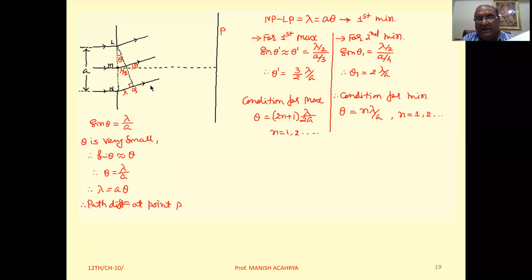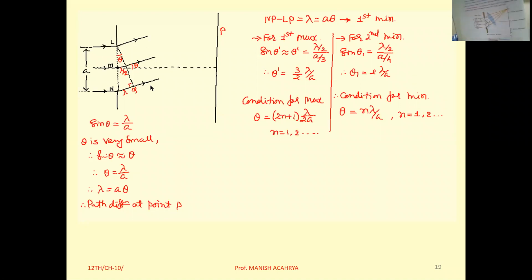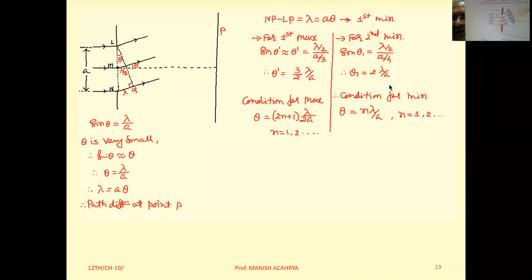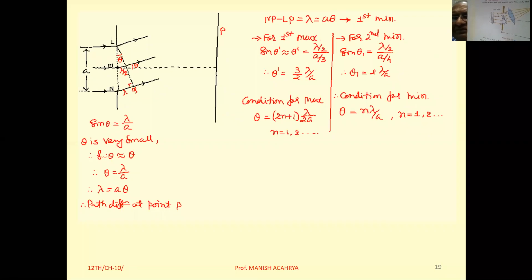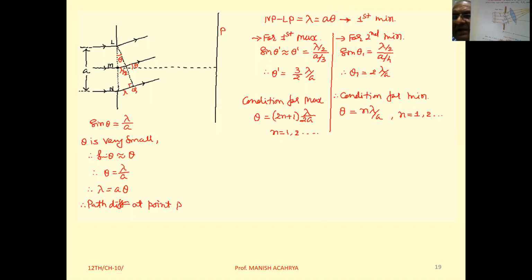So in that particular case, see the figure, that will be like this. Can you see? And here see, the slit behaves like divided in 3 parts. So for the first part, the path difference is lambda by 2, for the second one lambda, and for the third one 3 lambda by 2. In this way the slit will behave. Clear to all of you?